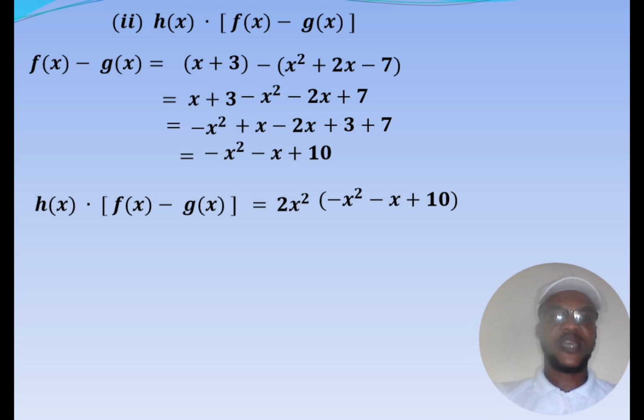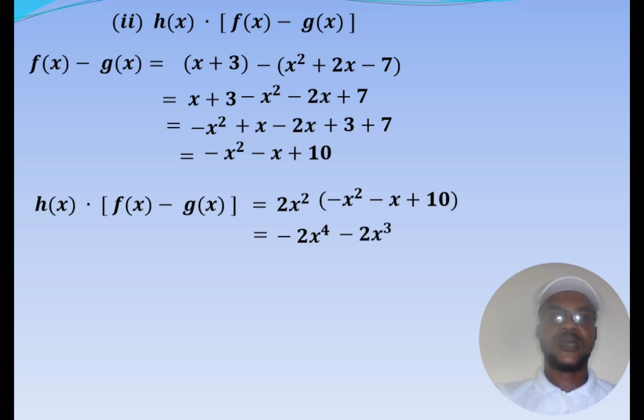So x squared and negative x squared have the same base, so you just add the exponents, 2 and 2, which gives 4, and that is why it is negative 2x exponent 4. Then if you multiply 2x squared by negative x, you are going to get negative 2x cubed as well.